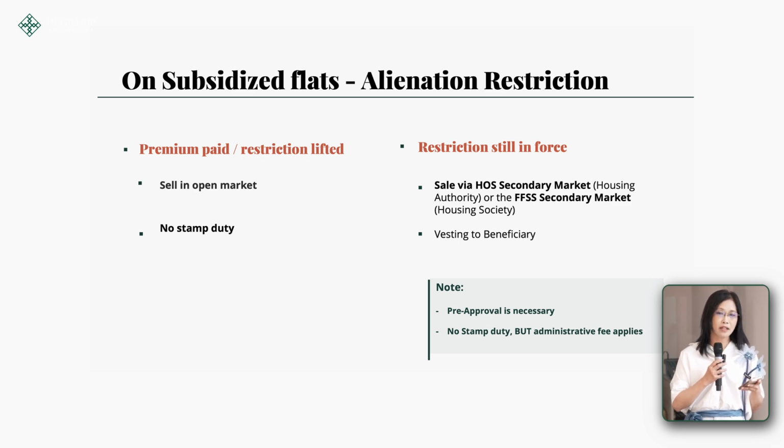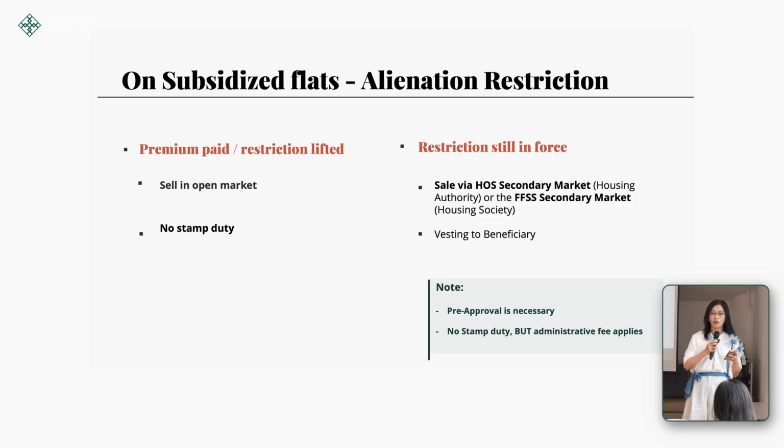The only thing is the executor has to obtain a grant of probate before it can sell the property in the open market, and there is no stamp duty. On the other hand, if the restrictions have not been lifted, normally you have to apply for approval from the housing authority.